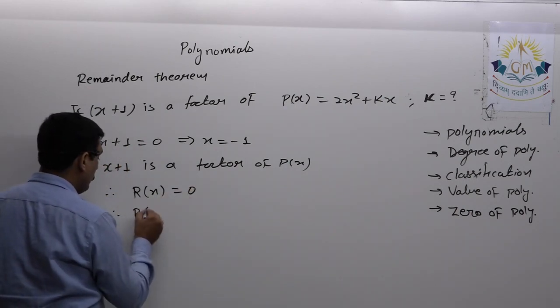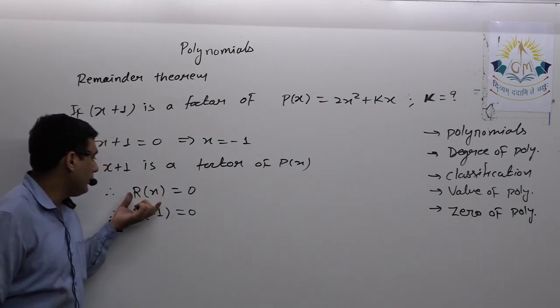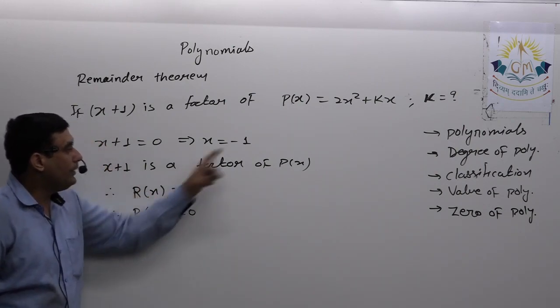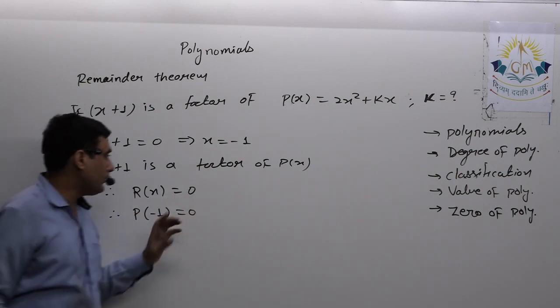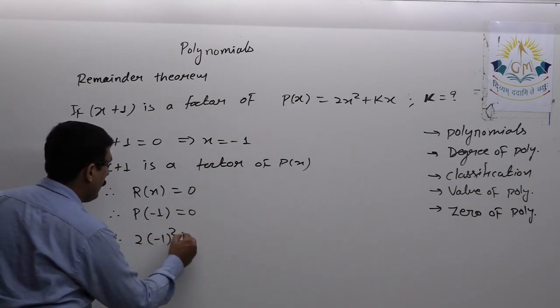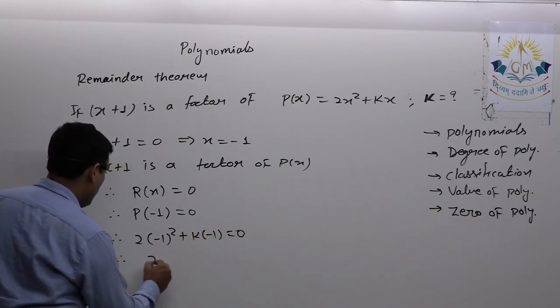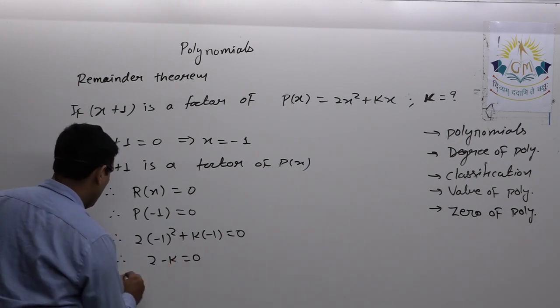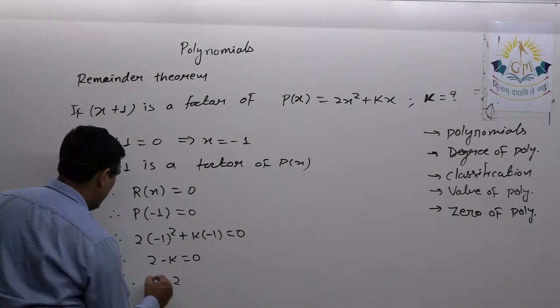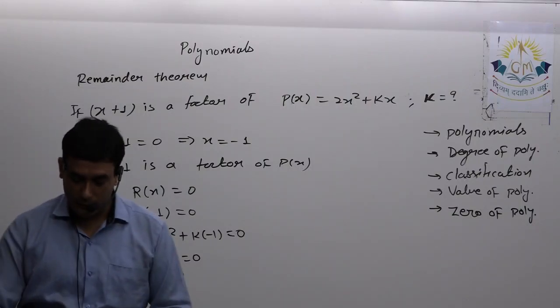But R(x) is equal to p of minus 1, that is p of minus 1 equal to 0. According to the remainder theorem, the remainder is p of minus 1, but that is equal to 0. So I can say 2 into minus 1 square plus k into minus 1 is equal to 0. So 2 minus k is equal to 0. So I can say k is equal to 2. So here I got the value of the unknown. So that is all about the remainder theorem.